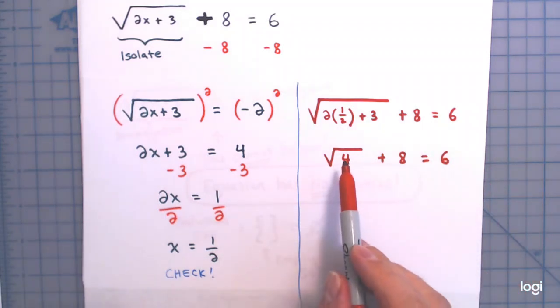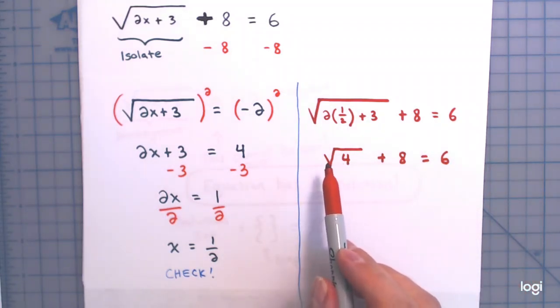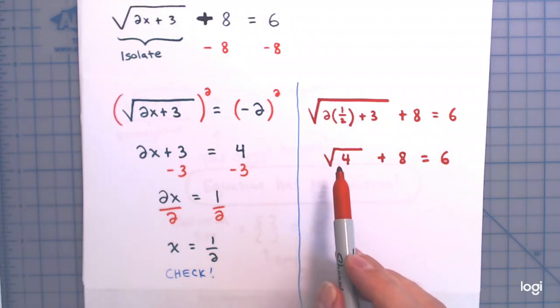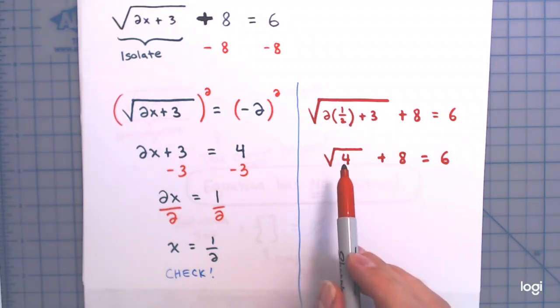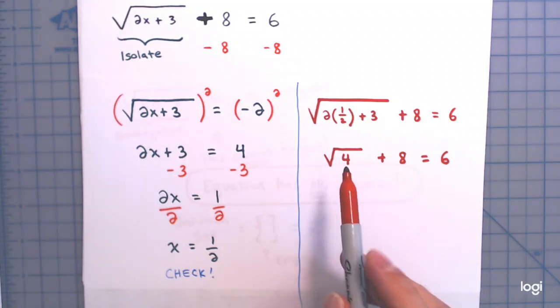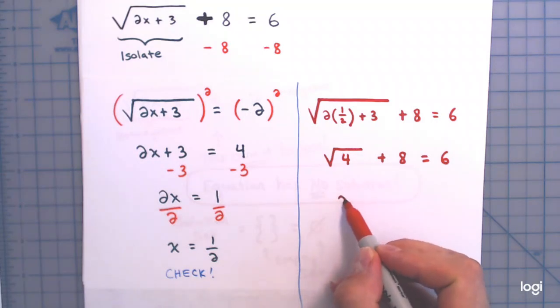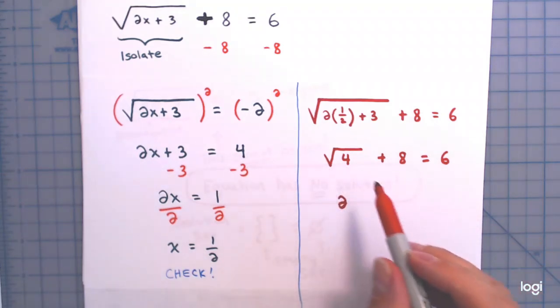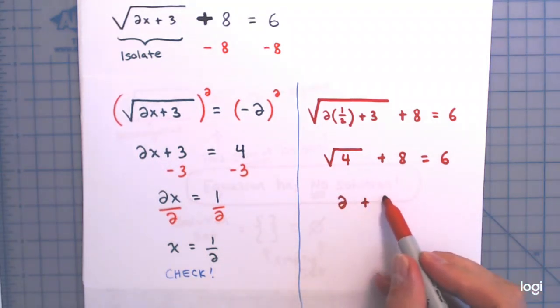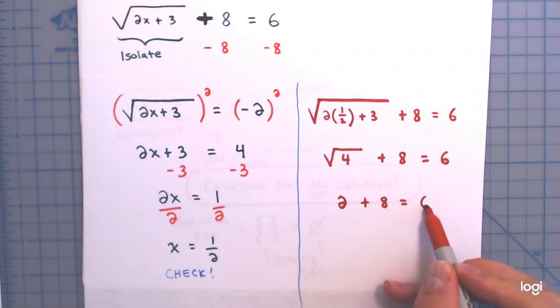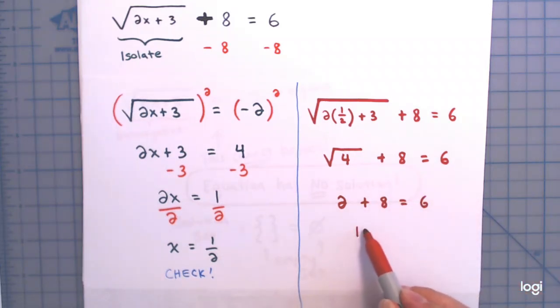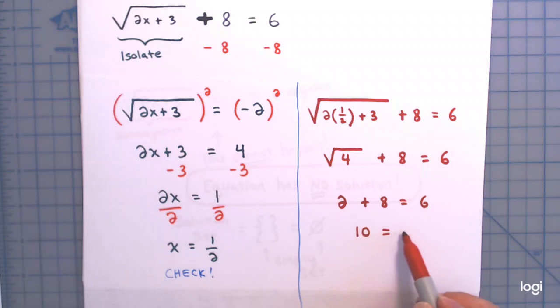And don't forget, I've been saying this a lot: when you see an even root, this is the non-negative square root of 4. So not plus or minus 2, but just positive 2 for the square root of 4 when you see that symbol. And plus 8. Is 2 plus 8 equal to 6? Well, no, it's not. You get 10 equals 6.